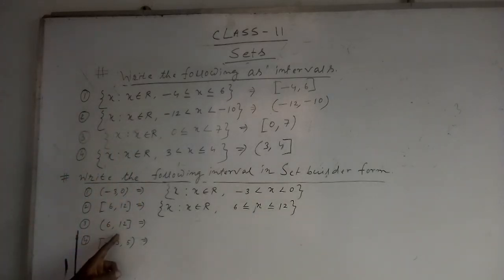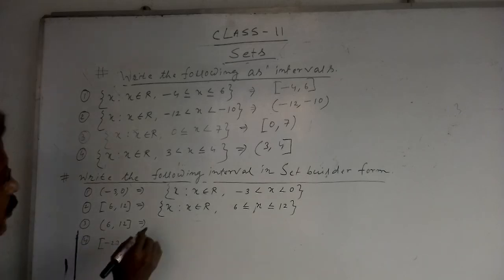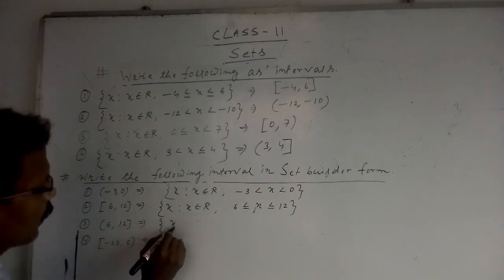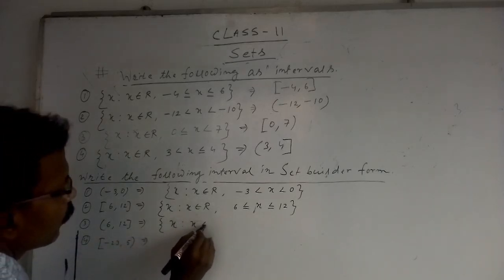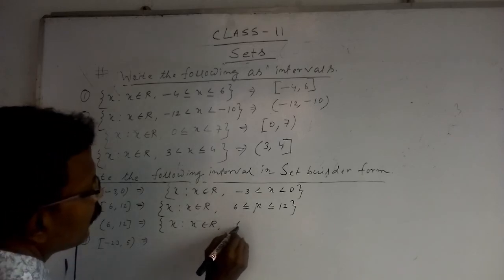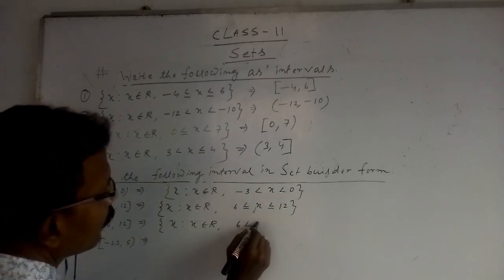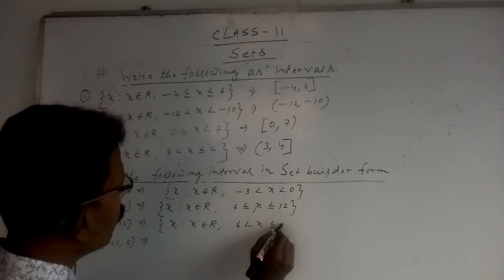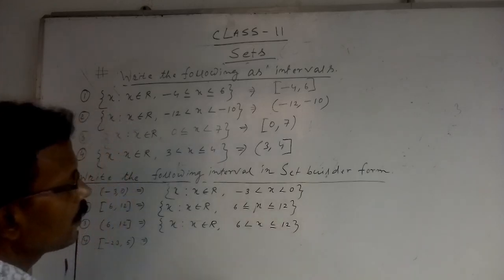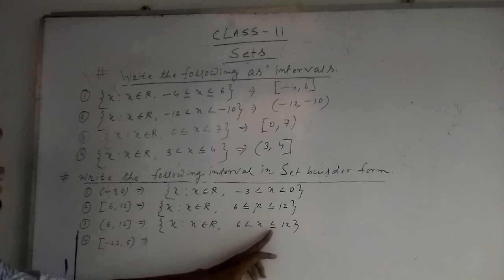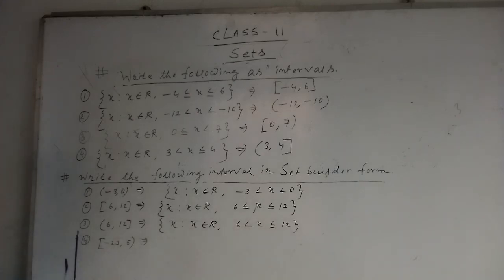Okay. Now the third one, it is closed from right and open from left. So the answer is x such that x belongs to R, 6 less than, only less than, but here less than equal to 12. Since 12 is included and 6 is not included.